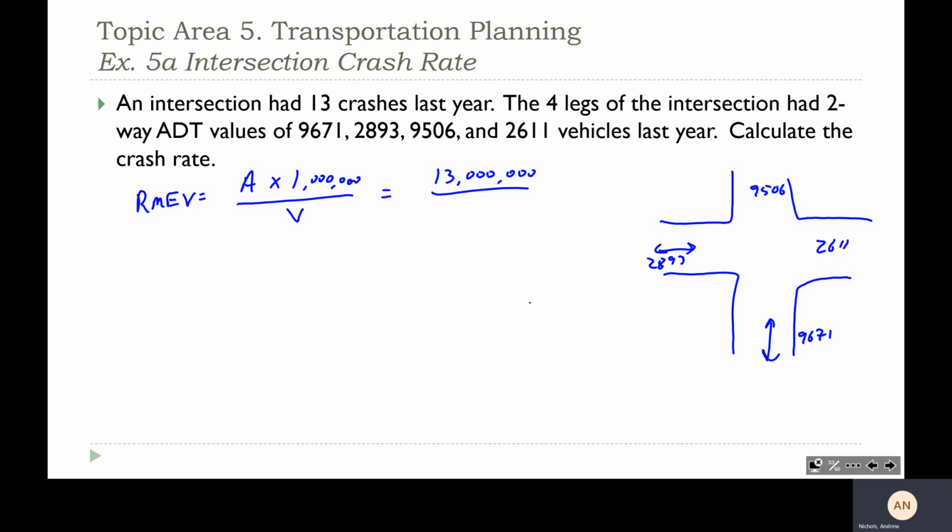Since these are two-way, we only want the entering. So we need to take half of each of these numbers, take the sum and divide it by 2. So we're going to take 9671 plus 2893 plus 9506 plus 2611, all divided by 2. So that is our ADT. And then we're multiplying that times 365 to get our total volume.